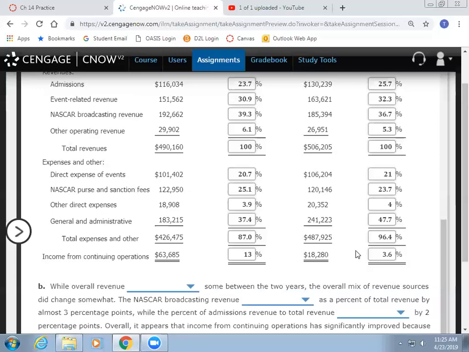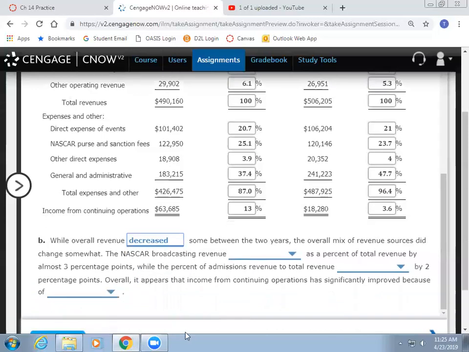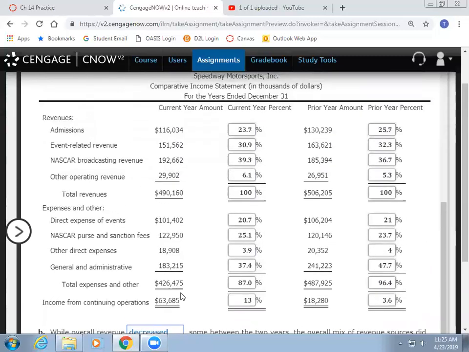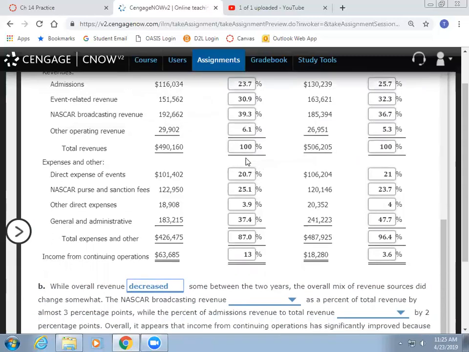So overall revenue decreased a little bit. The overall mix of revenue sources did change somewhat. For example, the NASCAR broadcasting revenue went from 36.7% to 39.3%. So we upped our broadcasting revenue.